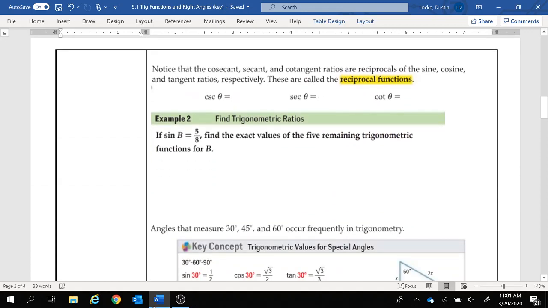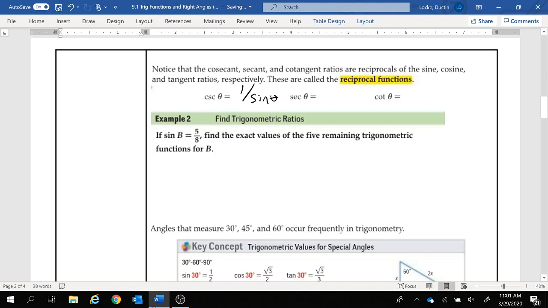Okay, so these 3 functions that we introduced today, cosecant, secant, and cotangent, can also be referred to as reciprocal functions. And essentially what those are is, for cosecant, it's going to be the reciprocal of sine. So we can also write that as 1 over sine.